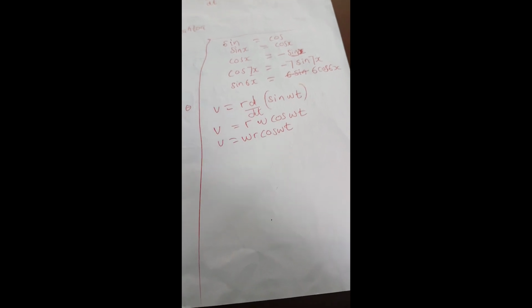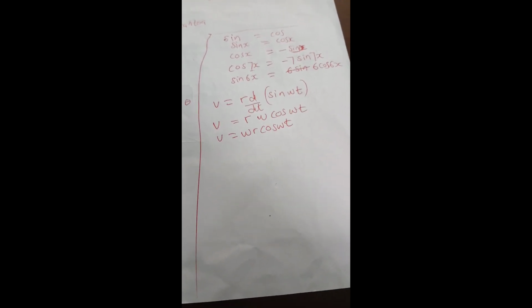Now we will differentiate this and then we have omega cos omega t. So v is equal to r omega cos omega t, or v can be equal to omega r cos omega t. So this is the velocity of the simple harmonic motion, but that is not all.